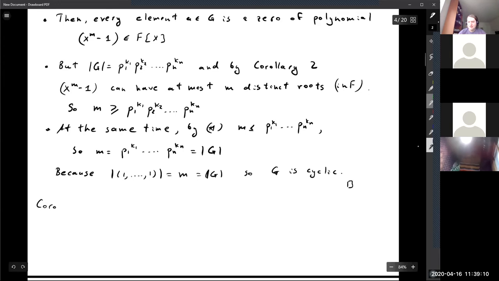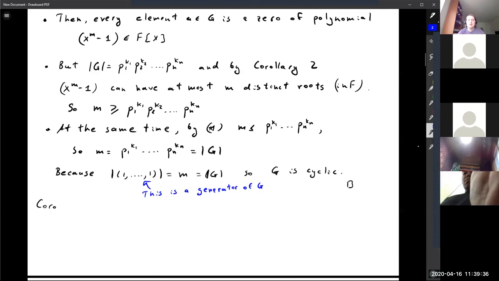What we proved is that this is a generator of G. So there can be more than one prime, but this is the generator, so the group must be cyclic, which means that all these primes must be distinct. Thank you.